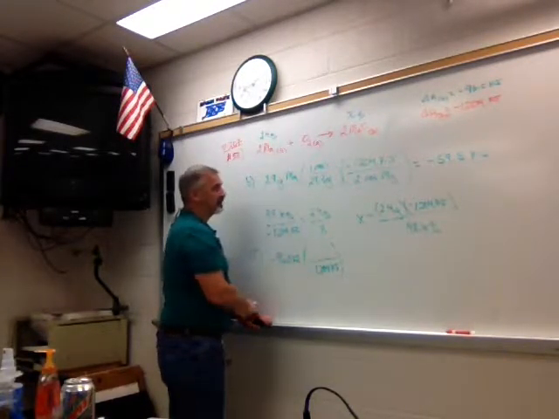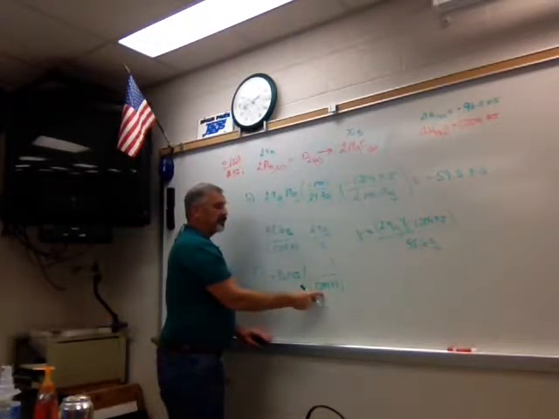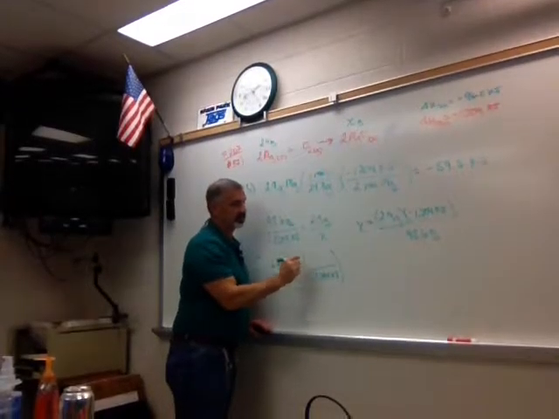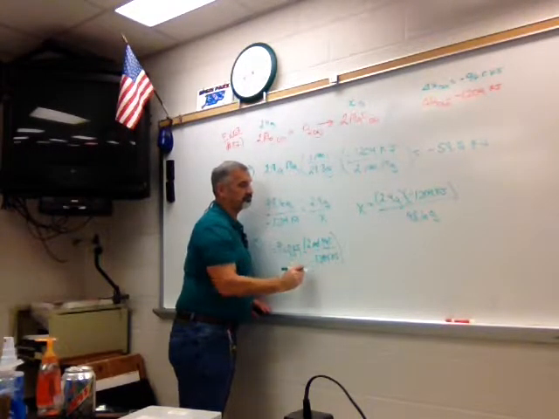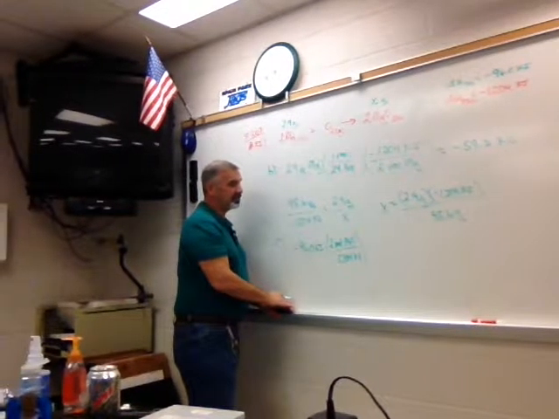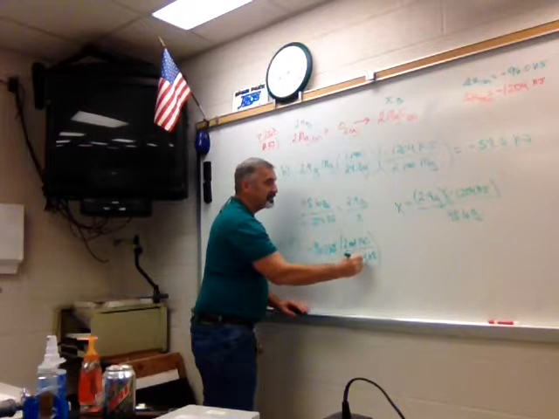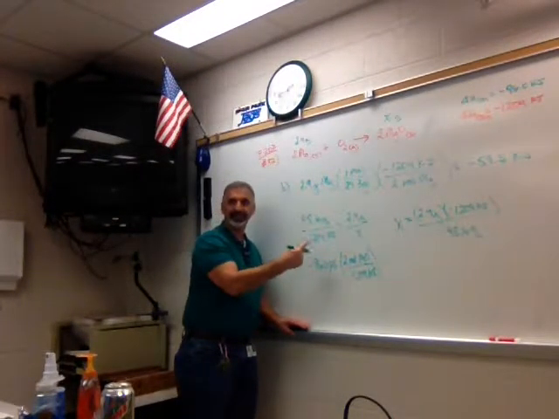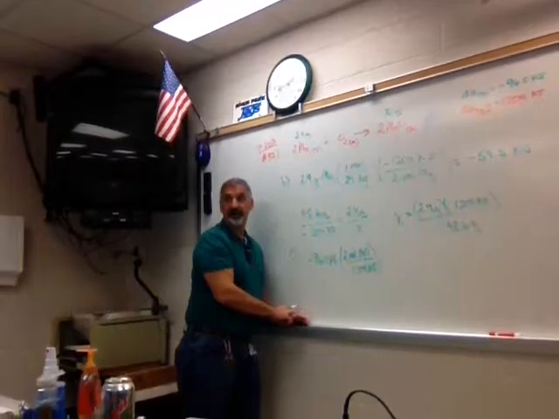So what is that? And we're looking for this one, right? So this is going to be 1204 kilojoules per 2 moles MgO. That's going to tell me how many moles of MgO I'm going to need to release the 96 kilojoules of energy. But I want grams, so how do I go to grams?